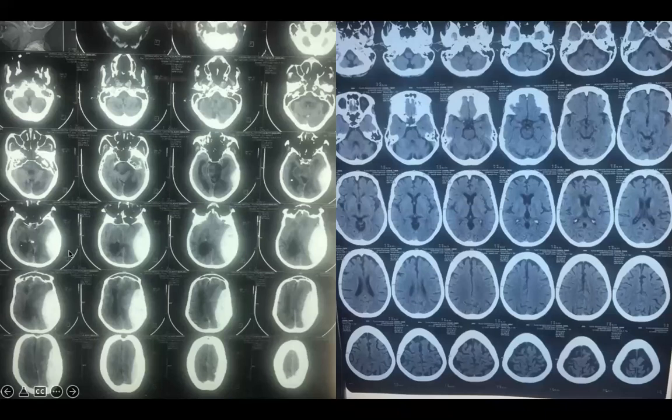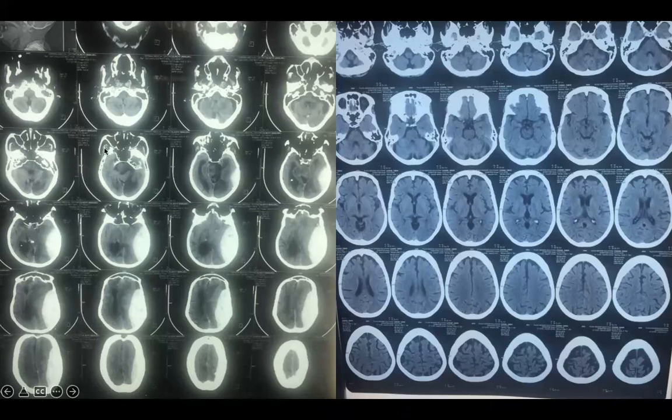The reason I put this slide is because this was an elderly gentleman, a 68-year-old who had come in initially with a GCS of 13, and we did a CT scan. As we did the CT scan, he convulsed and his GCS dropped to 5. When you look at this, you can see that he had a massive epidural hematoma with subfalcine and uncal herniation.